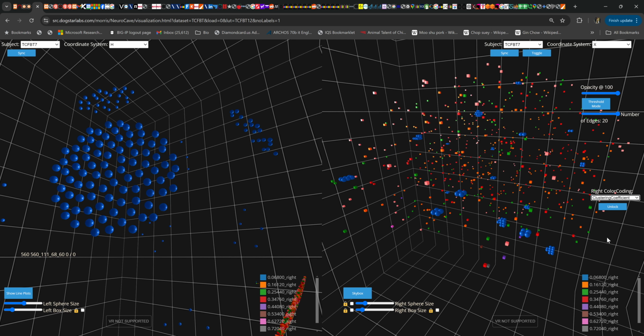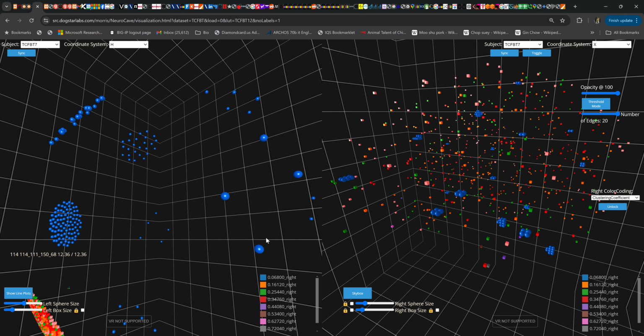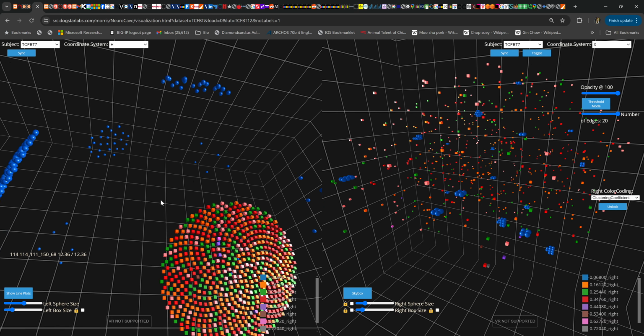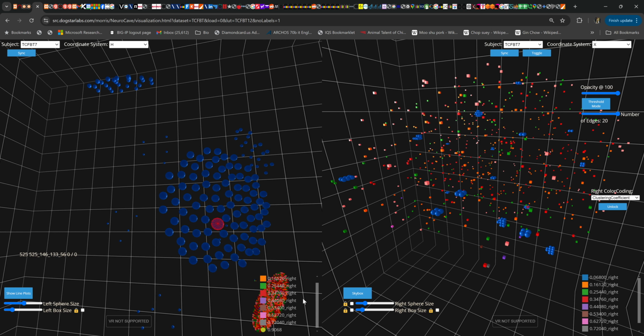We wanted to try the clustering coefficient view. It's not too useful.